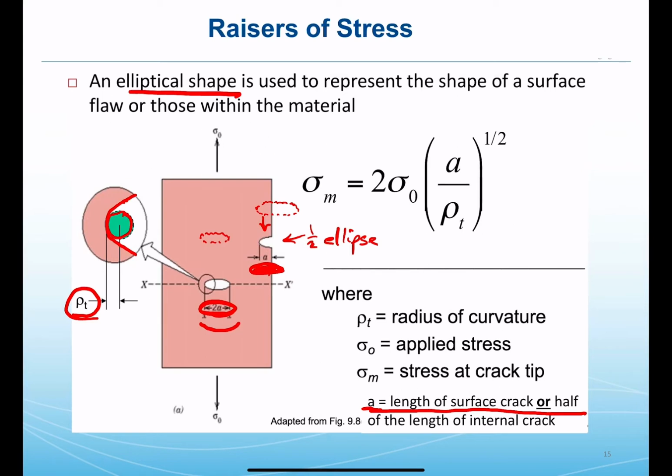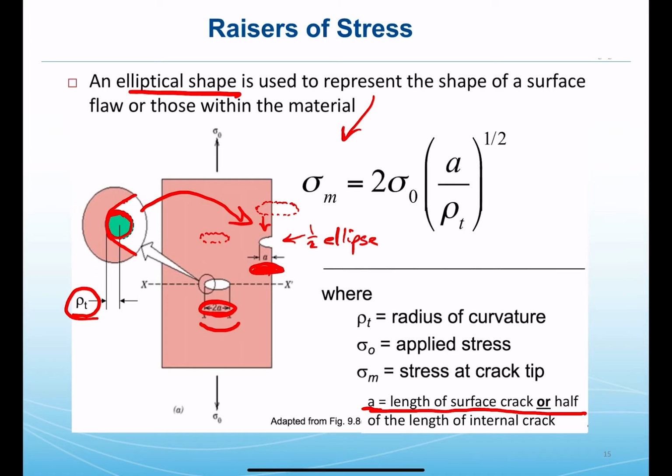So that same spherical model is applied at a surface flaw, again represented by a half ellipse. We see those two parameters built into our stress equation. Okay.